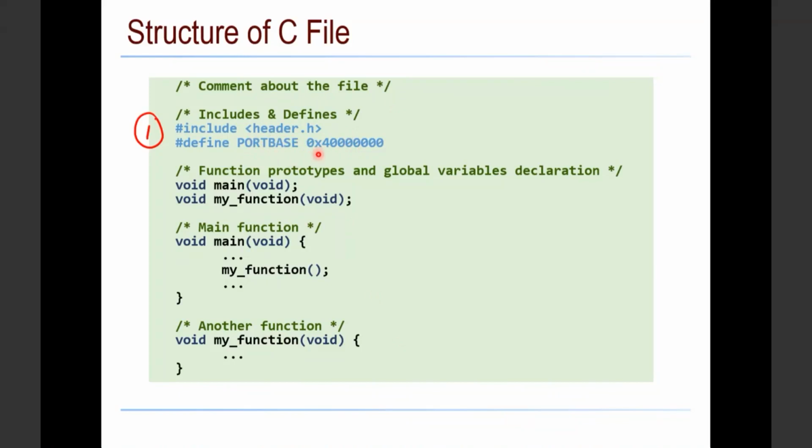We don't need to, because we have one file. Once you call that file, you can simply use the name to use your input output port or your registers. We don't need to define the addresses of the input output ports anymore.